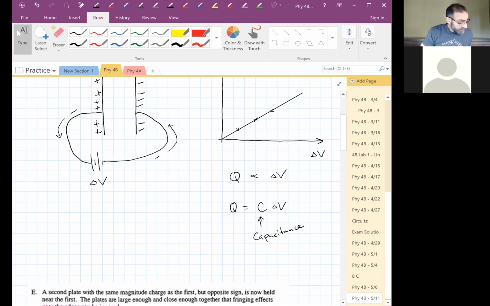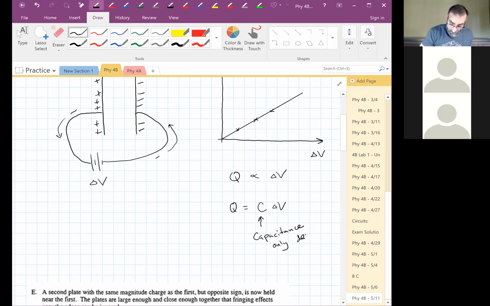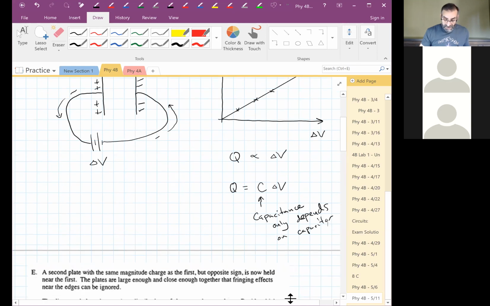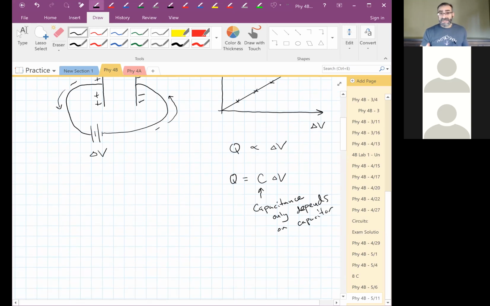So that only depends on the capacitor. And it's the same, so it does not depend on the power supply.